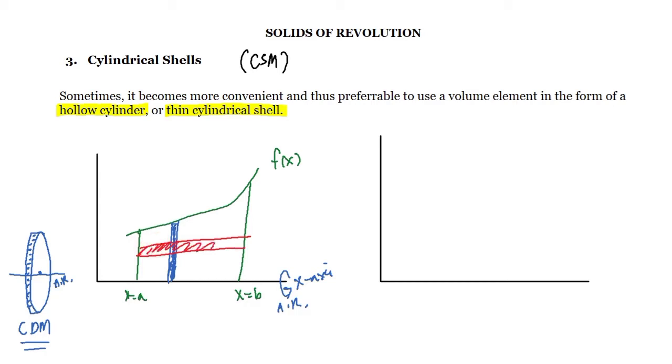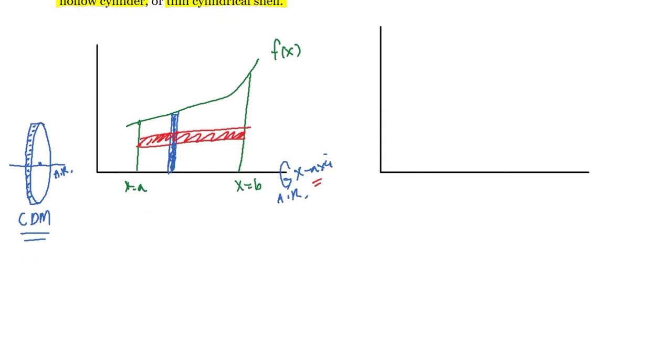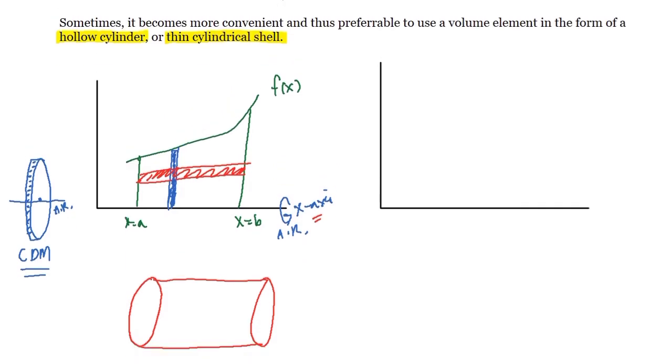That horizontal strip, kapag pinaikot natin dito sa x-axis as our axis of revolution, yung magiging itsura niya, para siyang kamukha ng drum or lata, na merong manipis na dingding. So that's why this is referred to as the thin cylindrical shell.